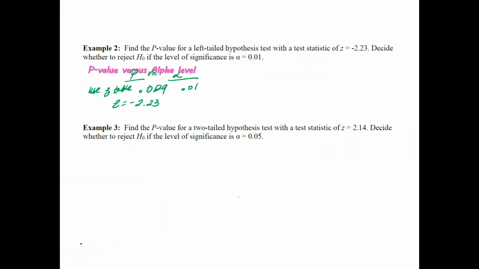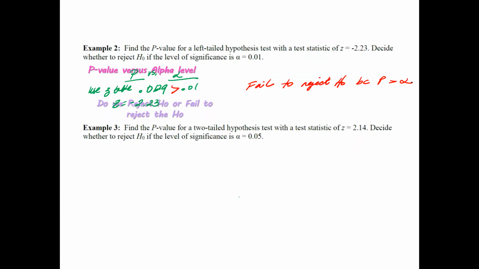Compare that with your alpha, and the 0.0129 is greater. So then your answer is, do you reject or fail to reject the null hypothesis? Because the p-value is greater, you fail to reject the null hypothesis, because your p-value is greater than the alpha value.